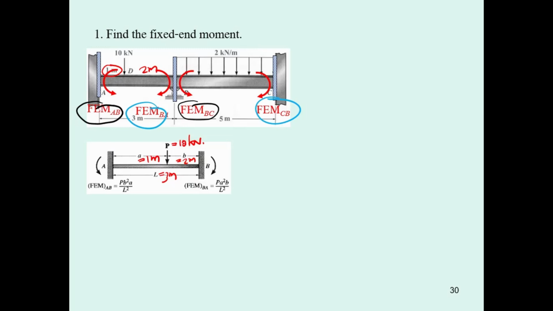So fixed end moment is going to have the unit of kilonewton meter. We start with this fixed end moment counterclockwise, and it's going to be negative. Okay, and then put everything together. The unit is going to be kilonewton meter.